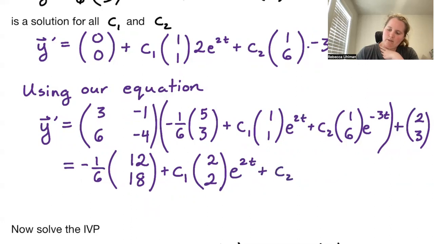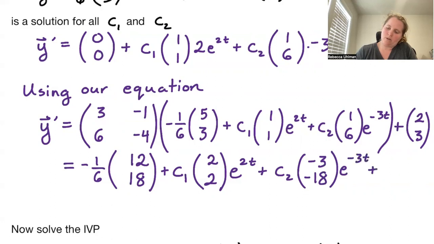And then we have plus c2 times 3, -1, 6, -4 times the vector 1, 6. We would have 3 minus 6, otherwise known as -3 for our first row, and 6 minus 24, otherwise known as -18 for our second row, times e to the -3t, and then plus the vector 2, 3.